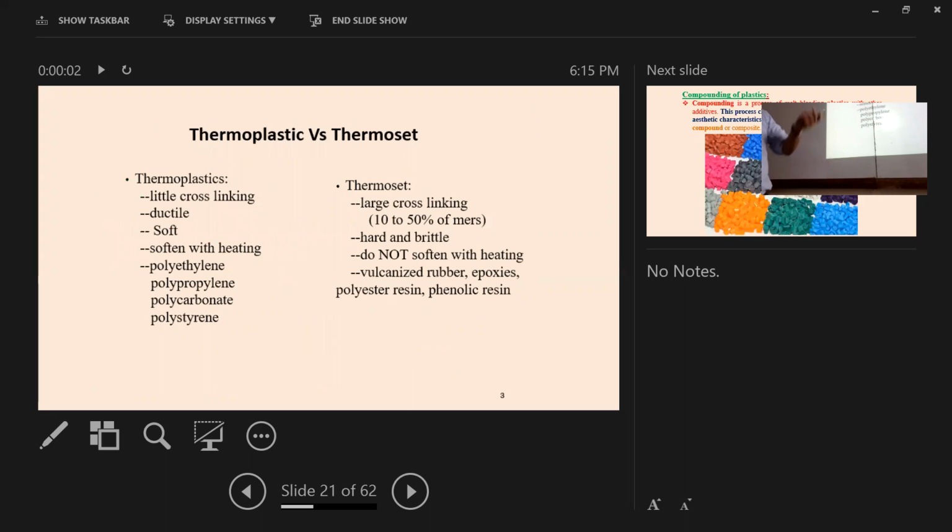Thermoplastic versus thermoset plastics: some examples and characteristics. Thermoplastics have very little or no cross-linking, most of the time just addition. Thermosets have large cross-linking, that means the percentage of cross-linking is very high, therefore they are hard and brittle.